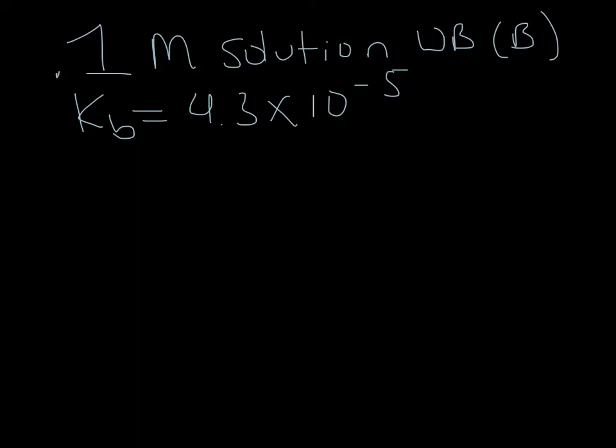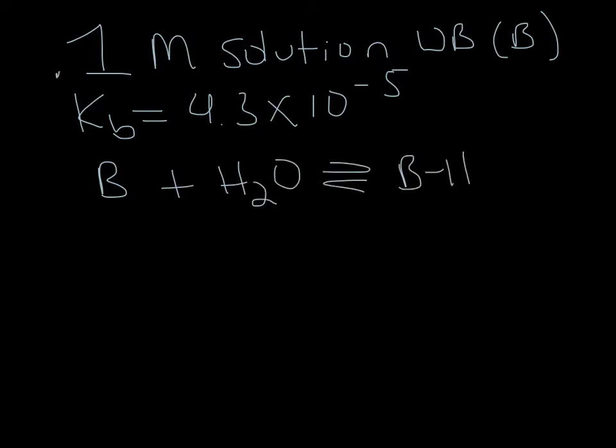So what I want to do is set up my ICE table. So I'm going to write out my reaction. I have my base that reacts with water to give me the conjugate acid of the base, BH plus, and my hydroxide ion. So I'm going to draw a line through the water because I don't want to do anything with that because it's a pure liquid.